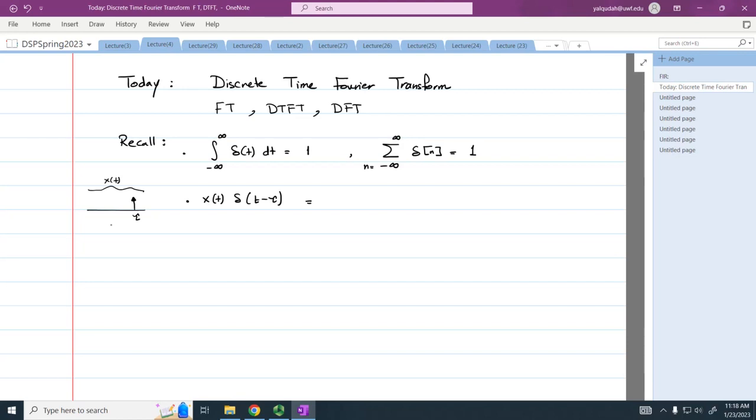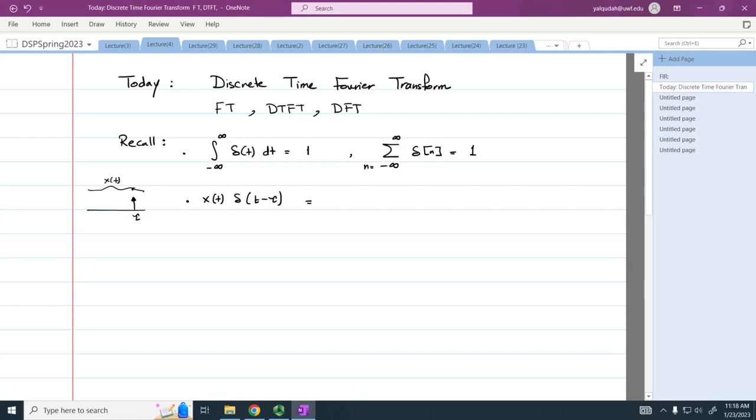We can imagine it as being a rectangle, the width is going to 0, the magnitude is going to infinity, but the area is equal to 1. When I multiply this rectangle by x of t, what value of x of t is going to matter? Whatever is at tau, yes.